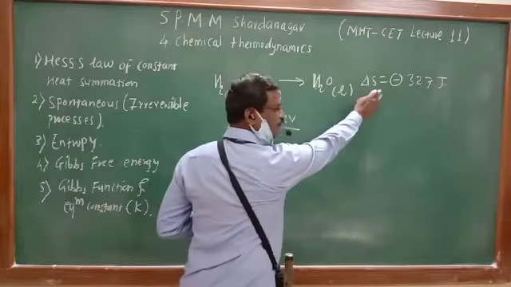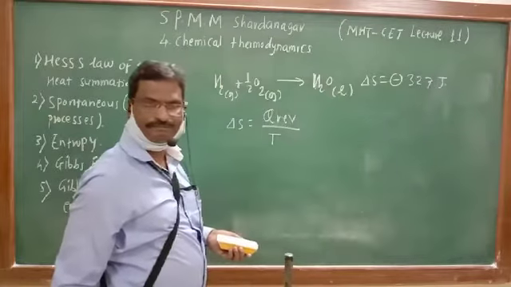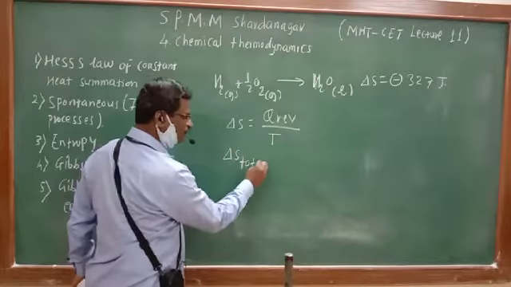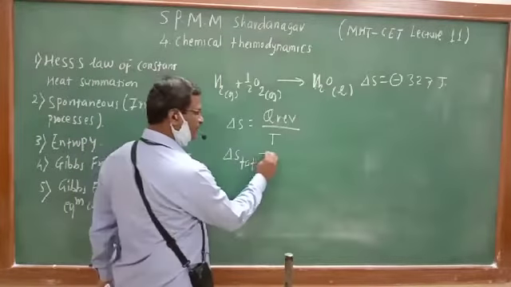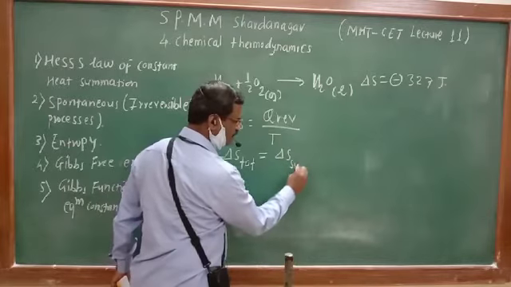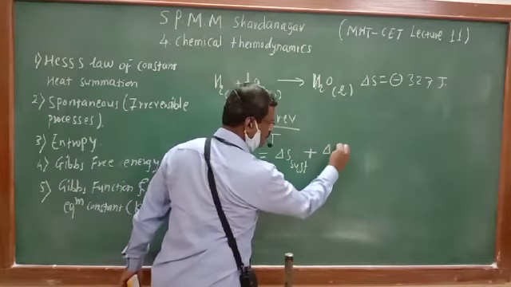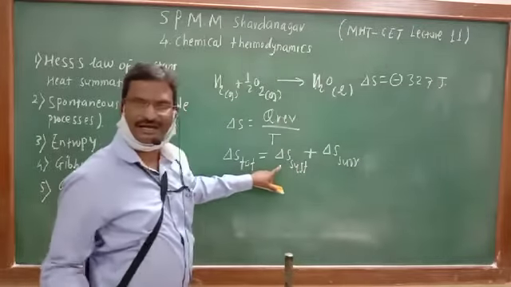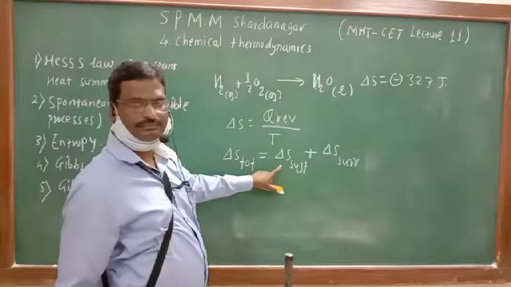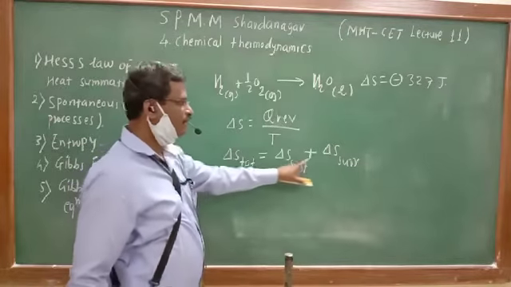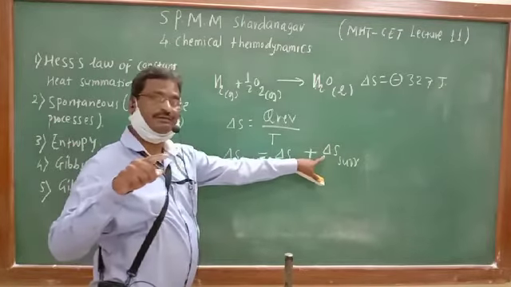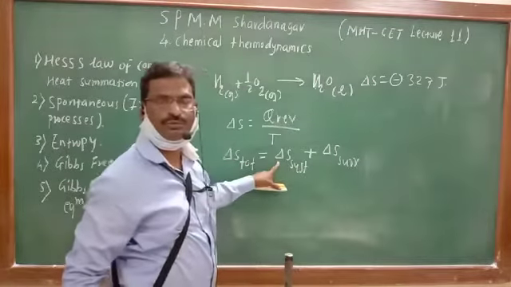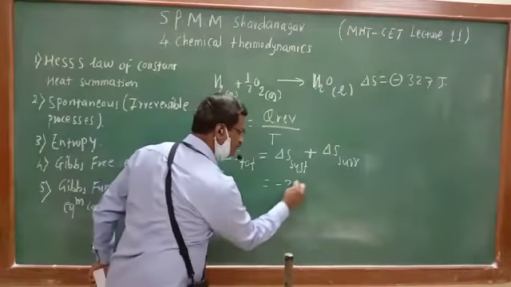For this reaction, this is the entropy of the system. And according to the second law of thermodynamics, delta S total should go on increasing, which is equal to delta S of system plus delta S of surrounding. Delta S of system is minus 327. But delta S of surrounding is positive, since this is negative. This is minus 327.